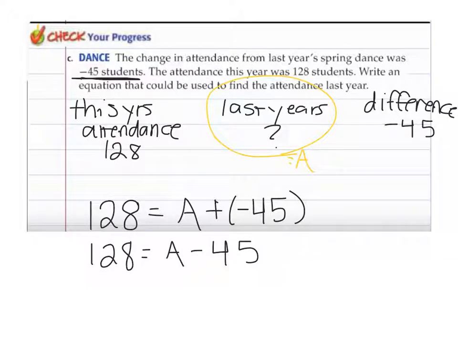It's because we have this year's attendance of 128, and our unknown last year's attendance, and we know that last year's had 45 more than this year's, or that this year had 45 less than last year. So 128 equals A minus 45.